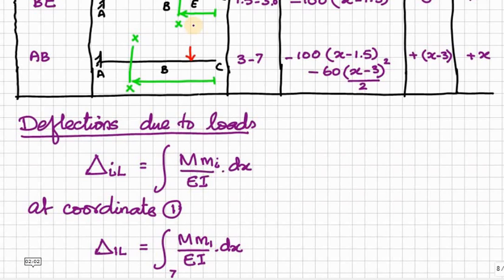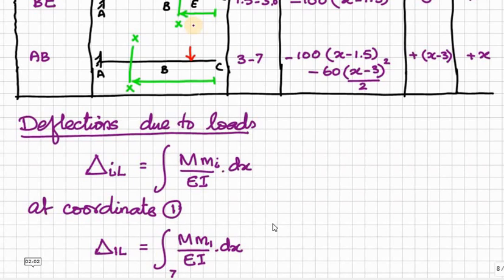Small m is the moment due to unit load acting at the ith coordinate. Okay, ith means the same. For example, if you consider the first coordinate, then delta 1L, similarly with m1. Here at coordinate 1, delta 1L is nothing but the integral of capital M small m1 divided by EI into dx. So capital M and small m1 is the product.